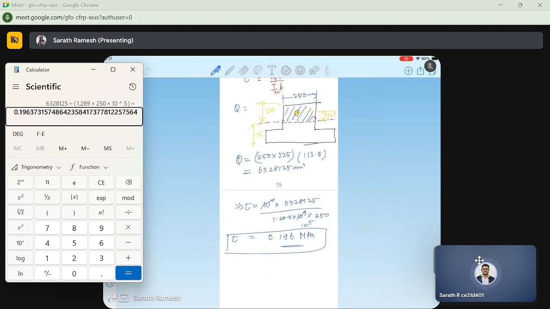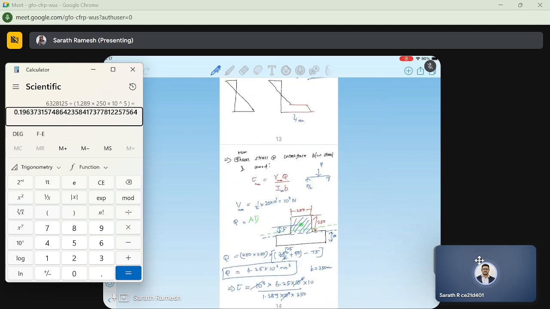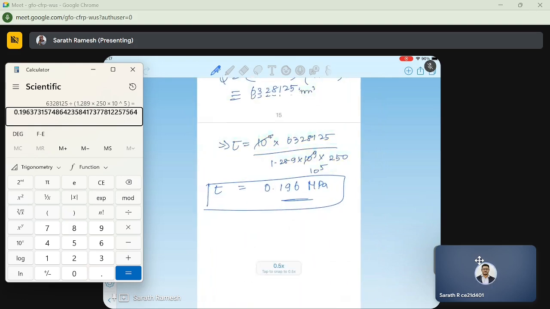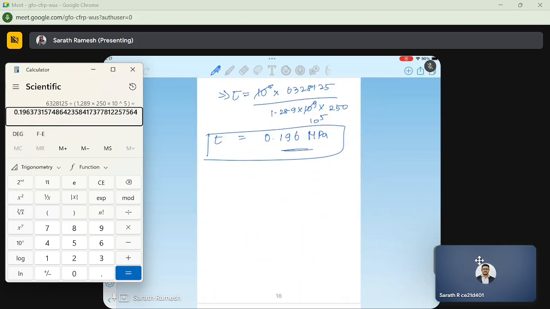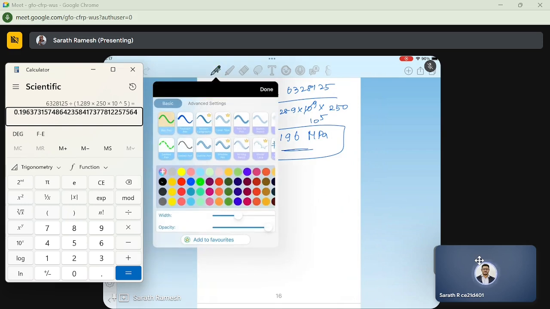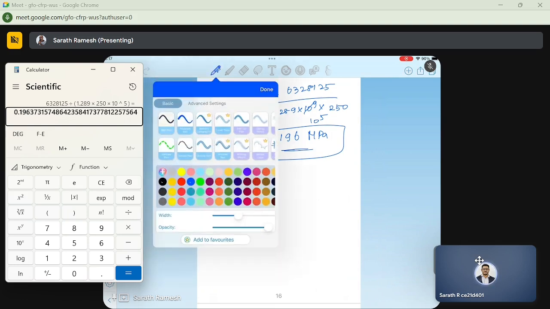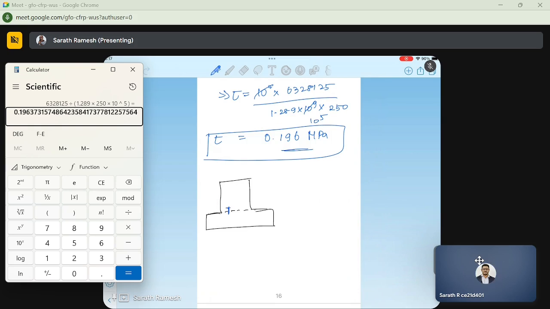Now, suppose in the same problem we have fixed a nail between the steel and the wood at the interface.